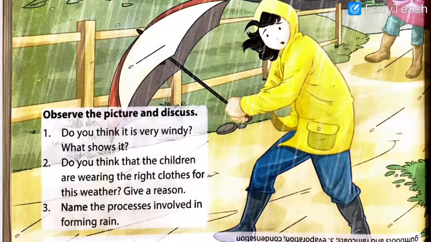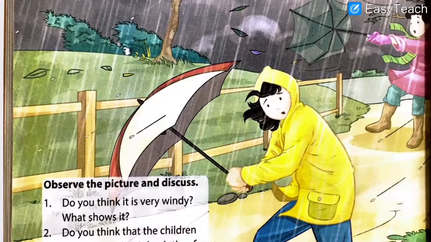Three questions were there, which we have already solved. In this picture, water is there, air is there, and you can judge what kind of weather it is, and also which season it is. This is what we did in the previous lecture, and then we started reading.